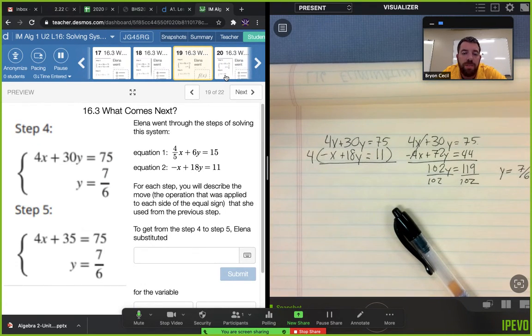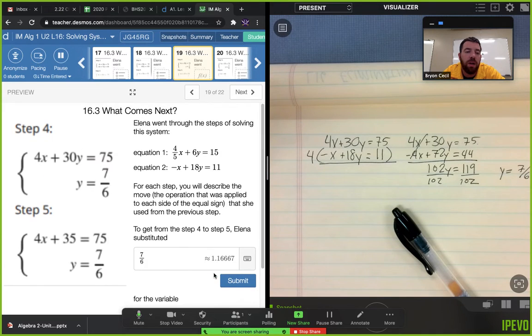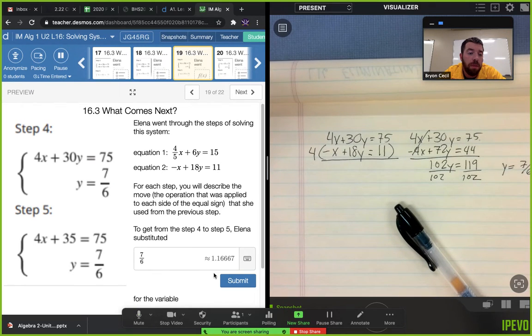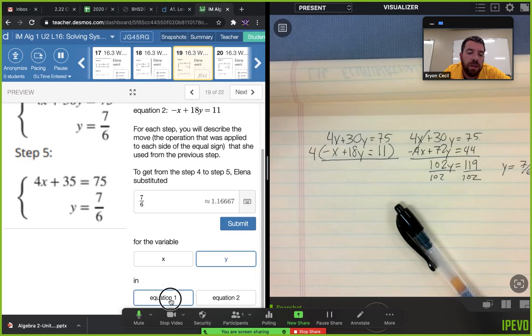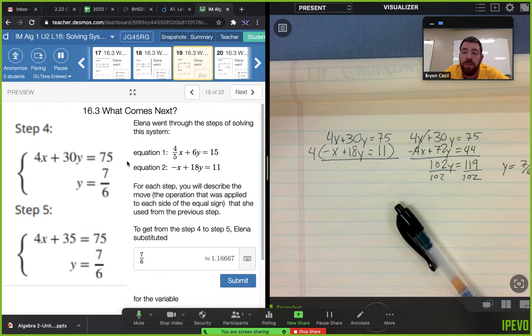Now, for each step, you will describe the move to get from step 4 to 5. Elena substituted 7/6 for their variable y in the equation. Which one did she substitute it into? Anybody know? She substituted it into the 4x plus 30y equals 75 equation. That was the first equation, because she's taking that equation that she manipulated by 5.